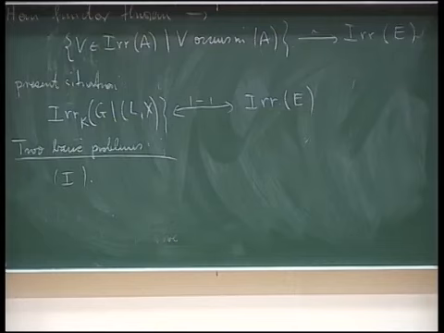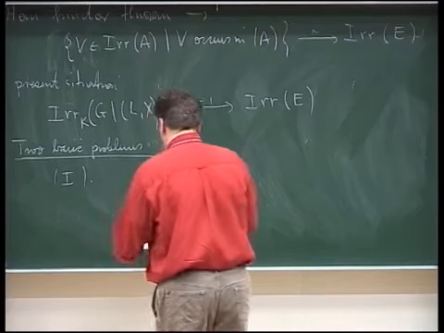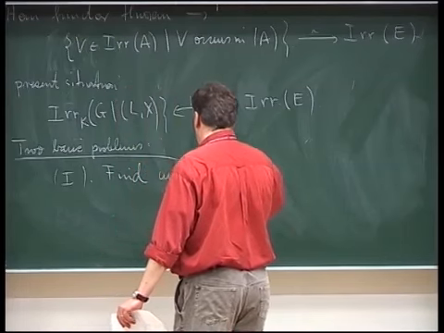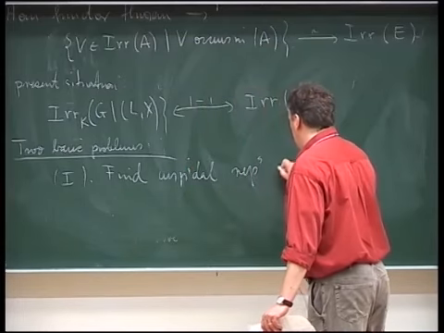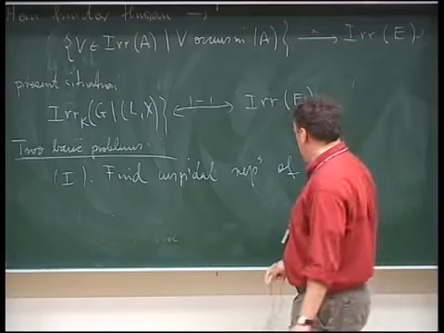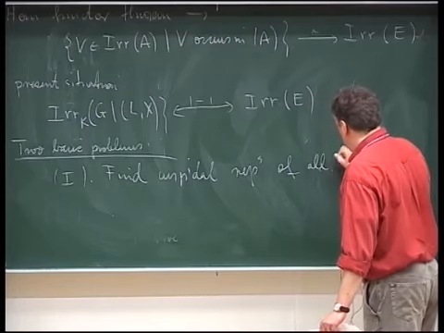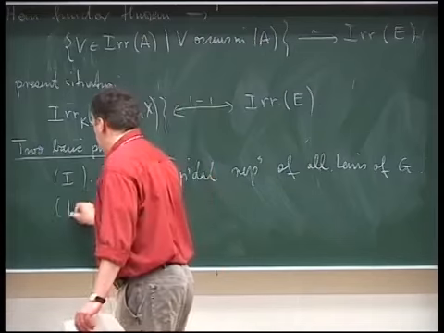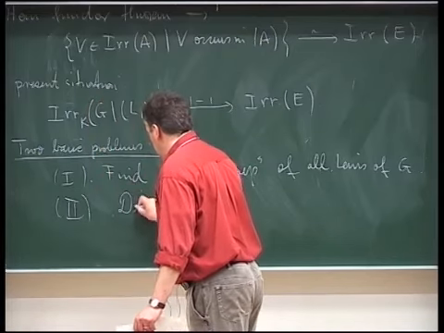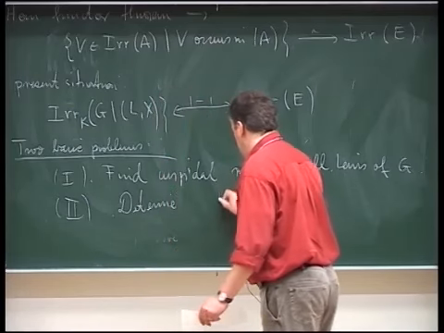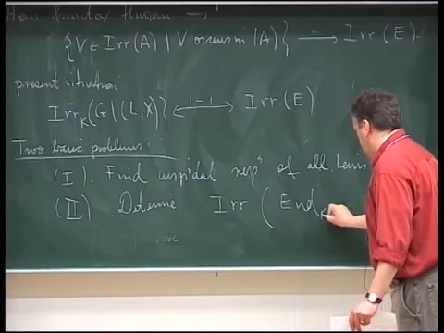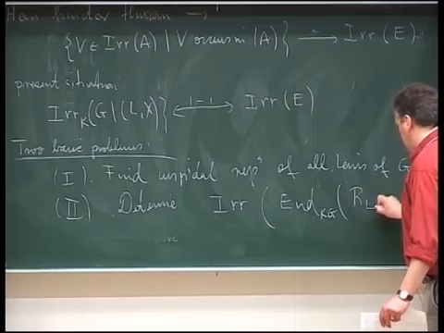So you have to find the cuspidal representations of all Levi subgroups L of G. And secondly, determine the irreducible representations of such endomorphism algebras.